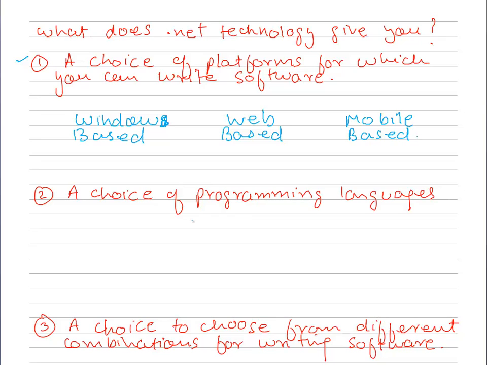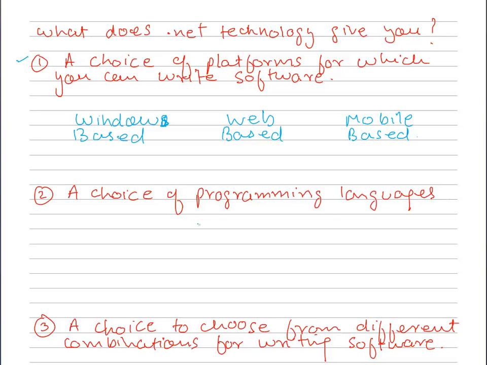Now .NET technology also gives you a choice of different programming languages. Like when you start programming with Java, the only programming language in which you can write your software is actually Java. So we don't have any choice of programming languages on that side. So .NET gives you a choice of programming languages.